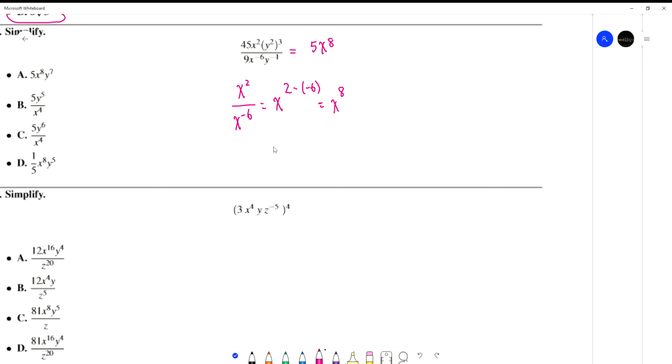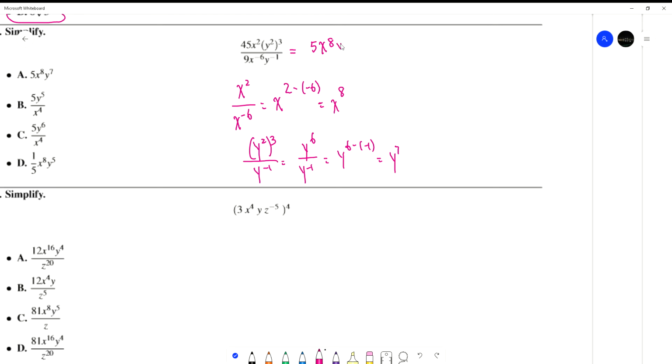And then I have y squared cubed over y to the negative 1. So this in the numerator is our power rule of exponents, so it's multiplication. Y to the 2 times 3 is 6 over y to the negative 1. And then it's the quotient rule. So y to the 6 minus negative 1 equals y to the 7th, right?